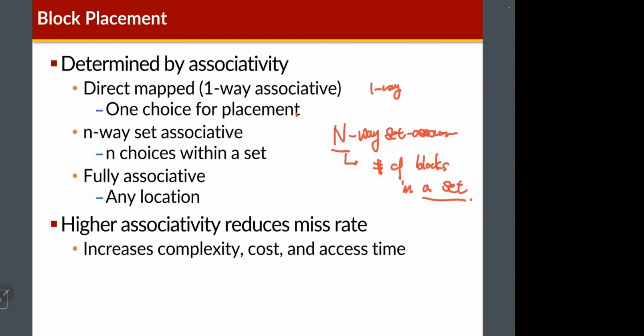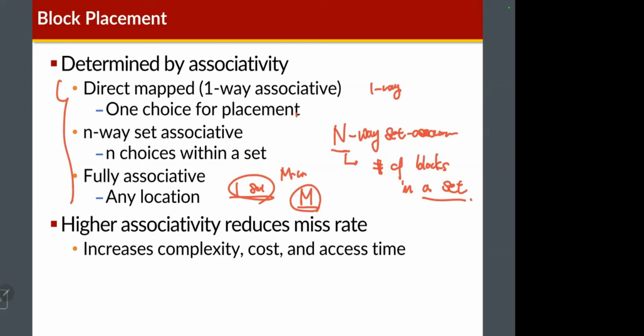And the fully associative cache has only one set. So if a cache has a total of m blocks, then the fully associative cache is equivalent to the m-way set associative cache, which means that memory blocks can be mapped to any location of the fully associative cache.